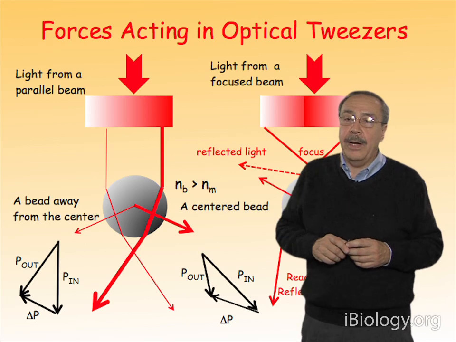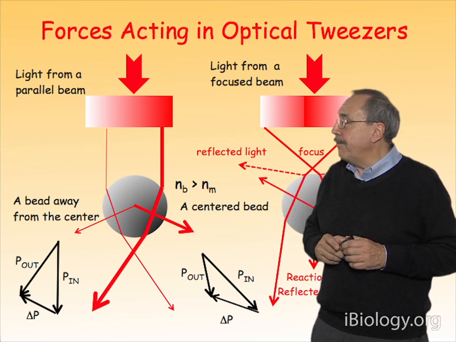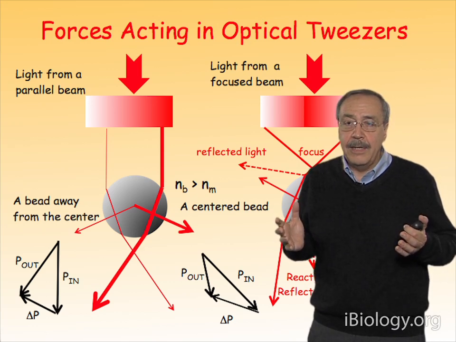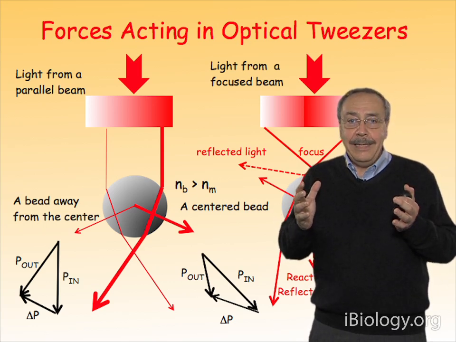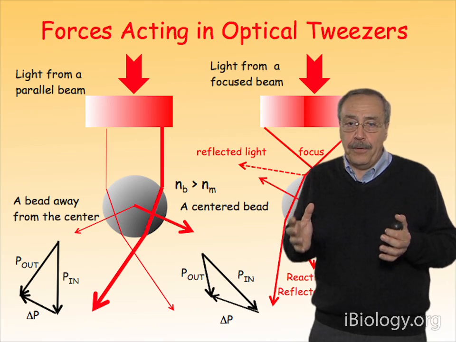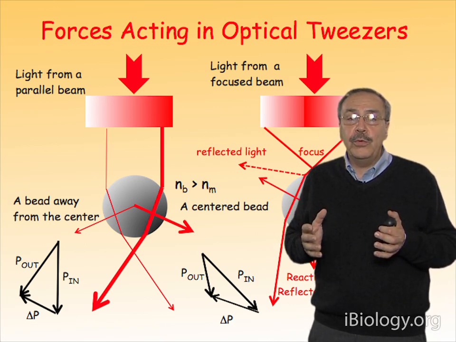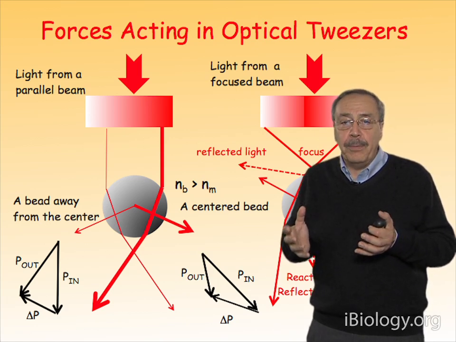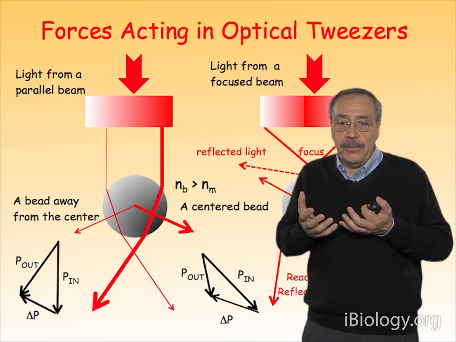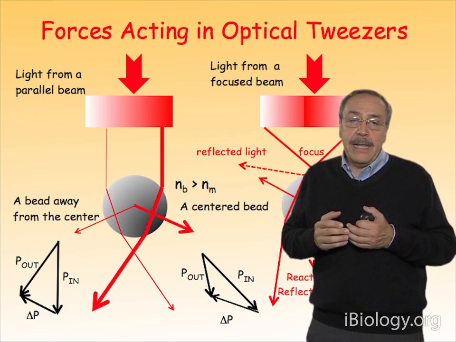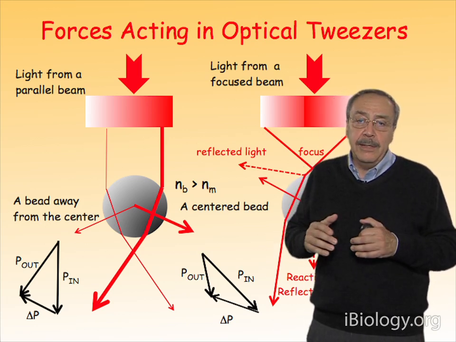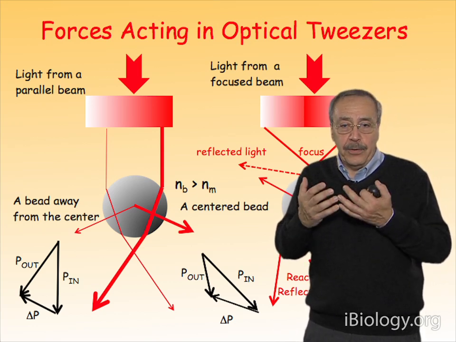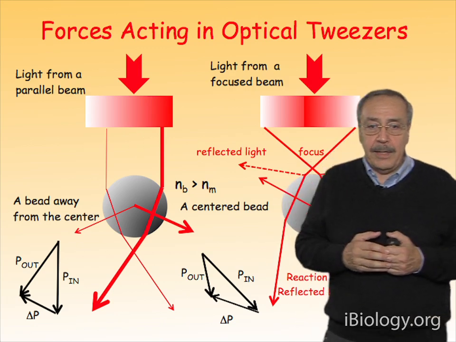So to summarize, what I want to say is that if you want to trap an object that is larger than the wavelength of the light, and you want to trap it in the beam in a stable fashion near the focus, then you want to use a high numerical aperture lens, as shown here, which will produce forces that both tend to pull the bead toward the focus of the light, and that will also push a little bit the bead due to scattering, due to reflection, and hopefully you can balance those two forces, and in that way, you can obtain stable trapping.